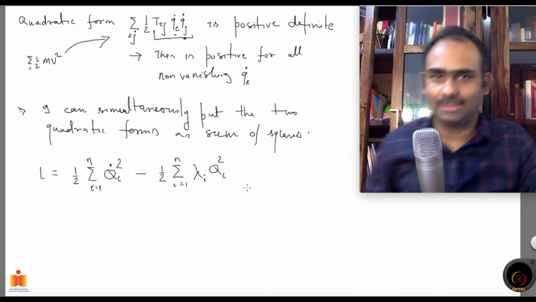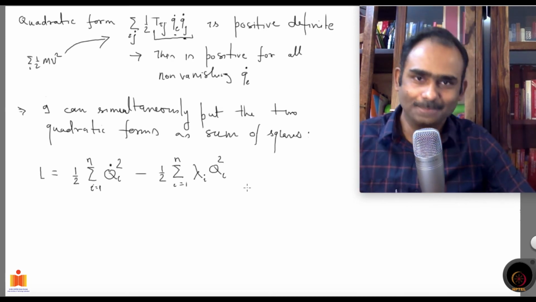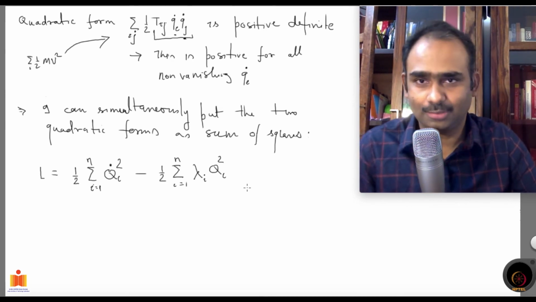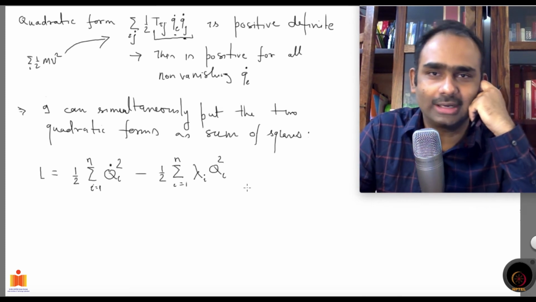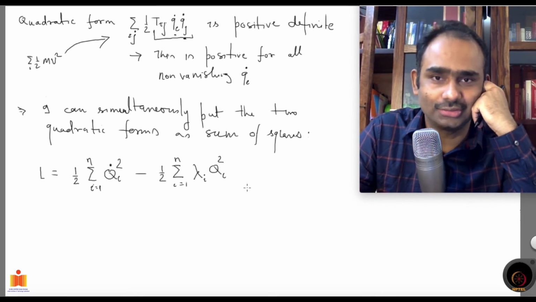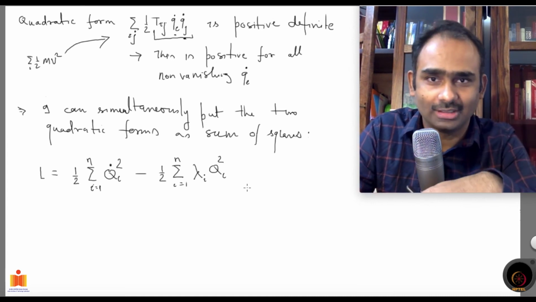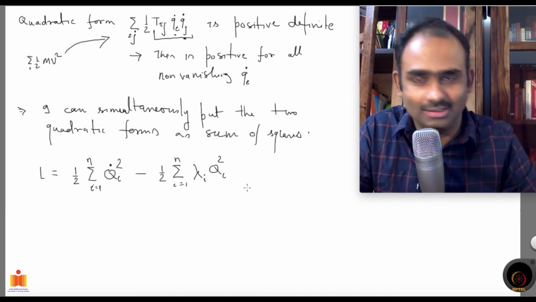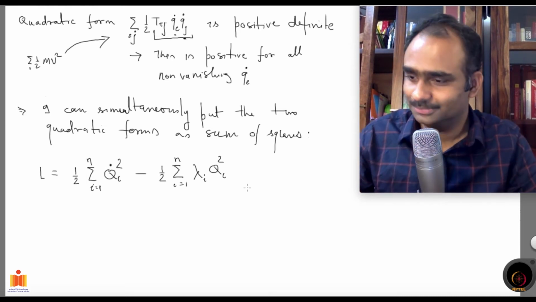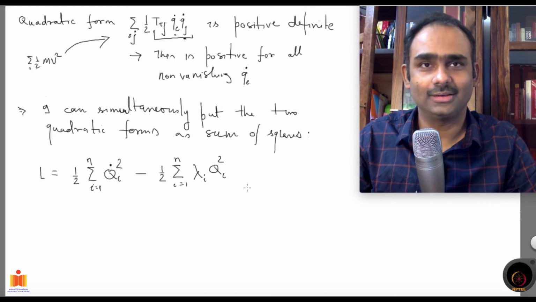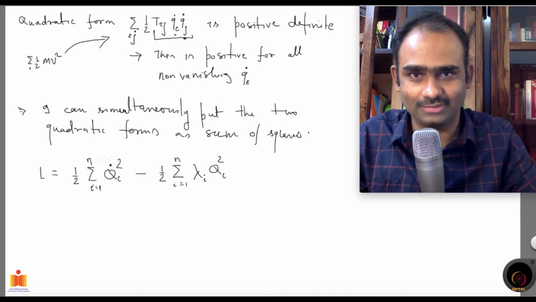So under this approximation which we have made, the linear approximation, I have been able to write down my Lagrangian using a new set of generalized coordinates, capital Q's, in this form. And this is a very, very nice result. Do you understand why this is very nice, what we have achieved?